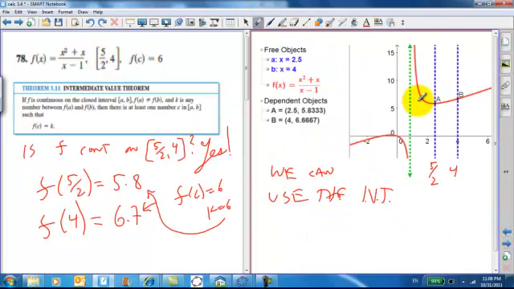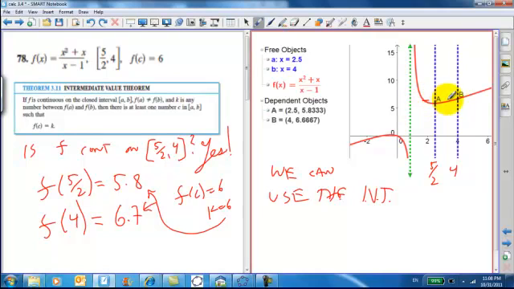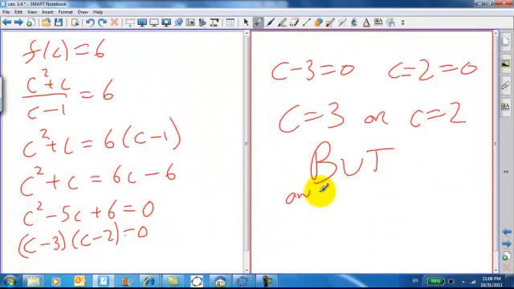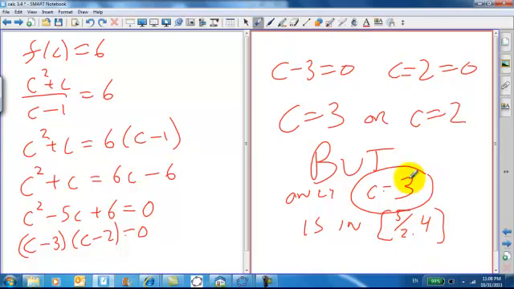So apparently when we put in 6, we actually hit it here and over here at 3 and at 2. But only 3 is in the interval we're curious about, 5/2 to 4. So only c equals 3 is in the interval from 5/2 to 4. So there's your value of c satisfied by the theorem.